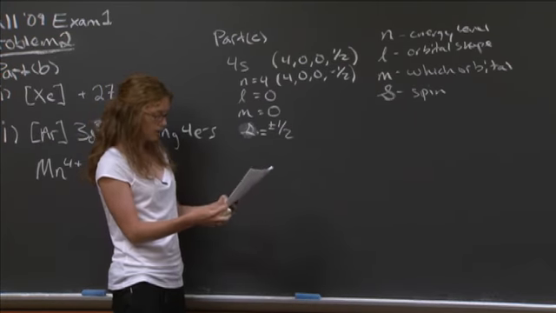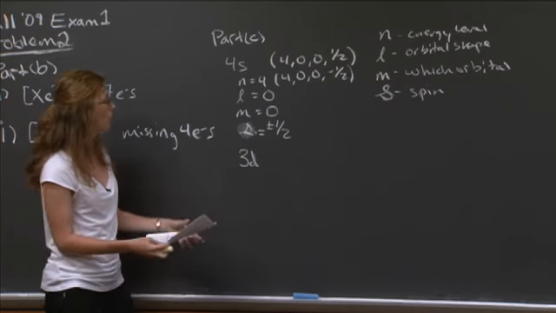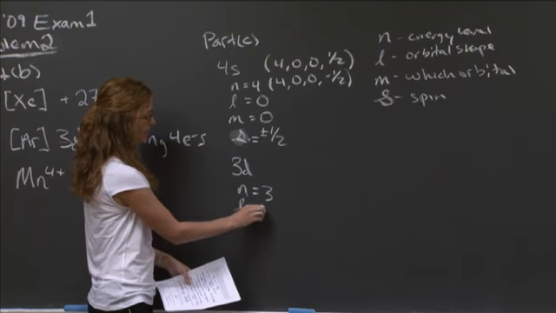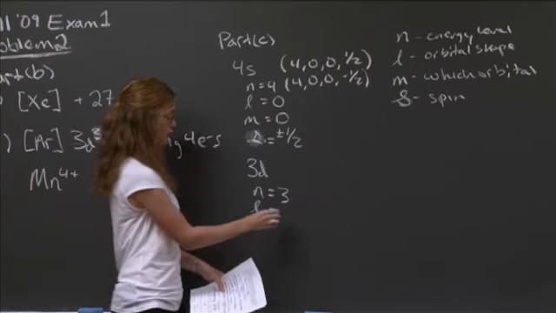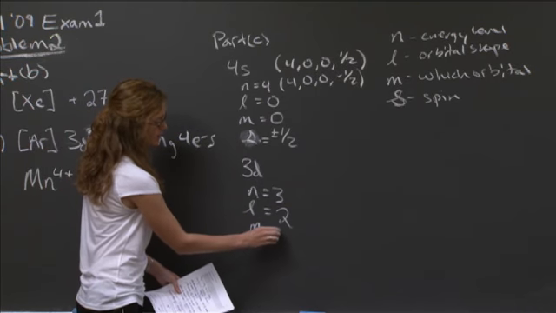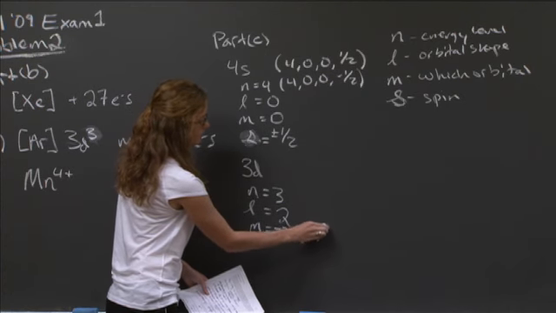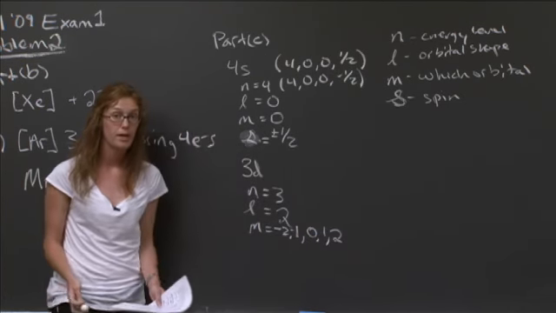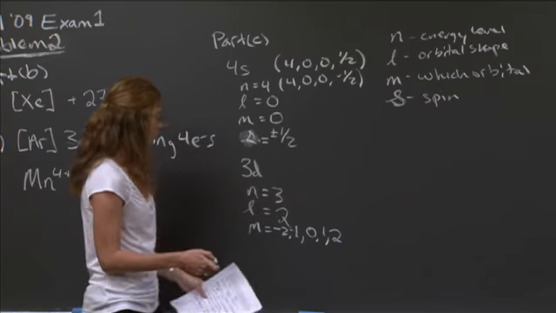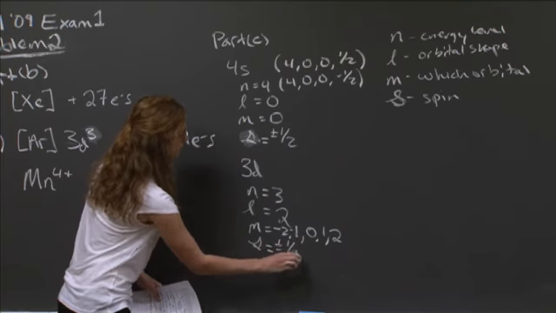So moving on to the 3d quantum numbers, we know that n is 3. l for d is 2. m is -2, -1, 0, 1, or 2, right? Because there's 5 different orbitals in a d set. And then again, s can be plus or minus 1/2.